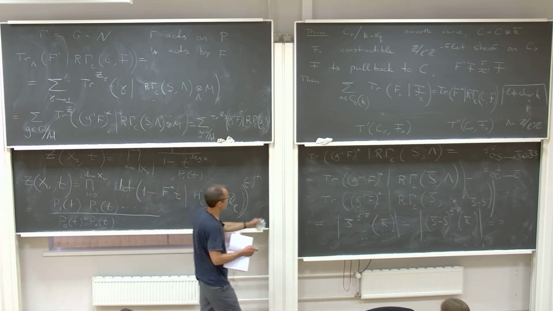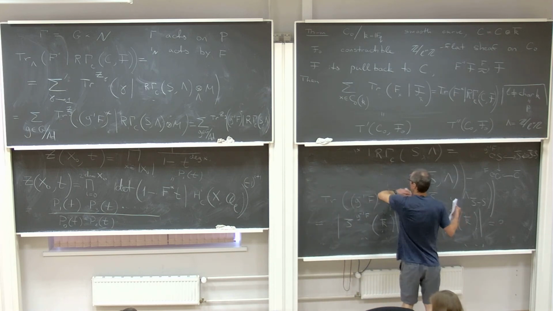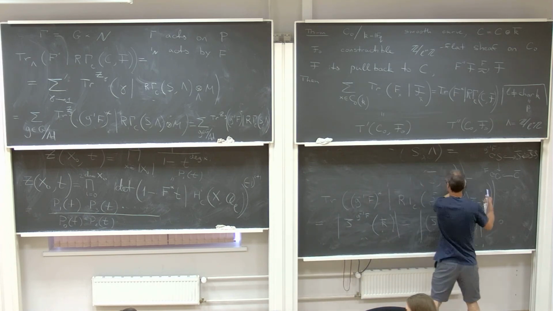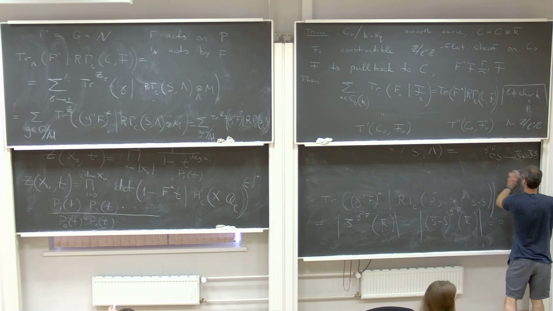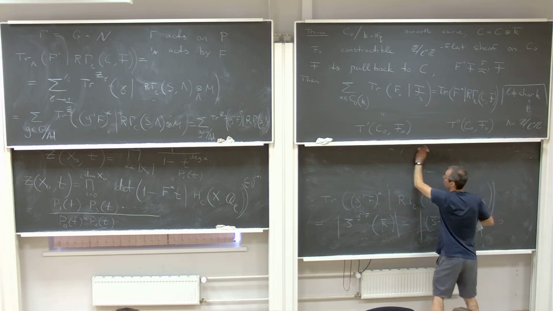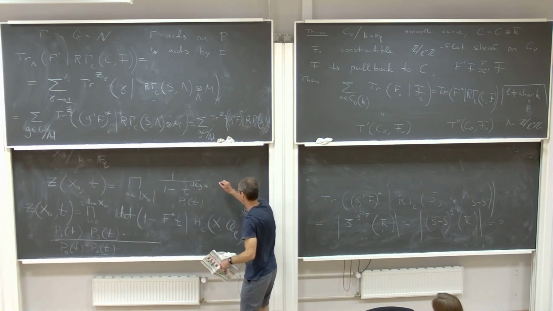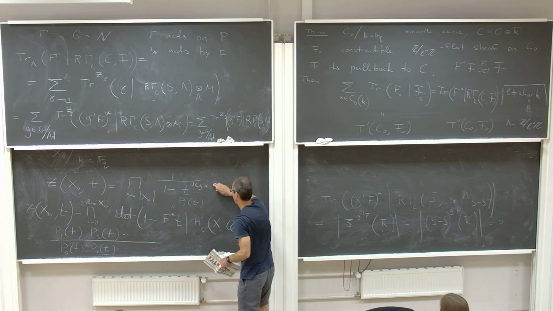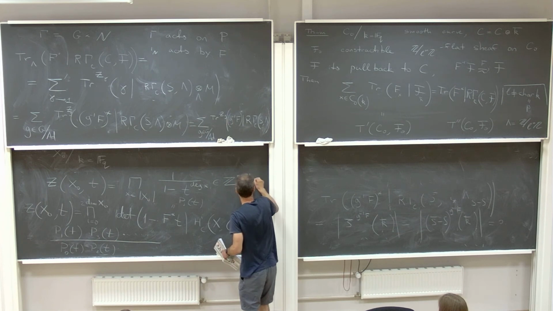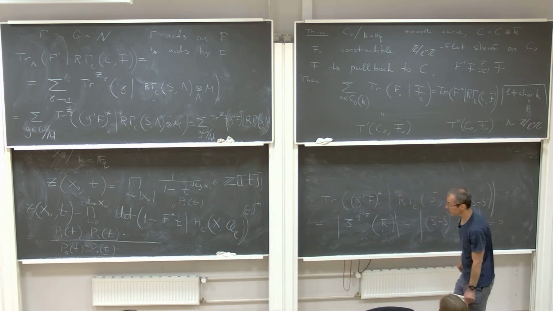But now I want to recall the statement of the last Weil conjecture. That has QL coefficients. Very good point. On the one hand, what is written here is a formal power series with integral coefficients.